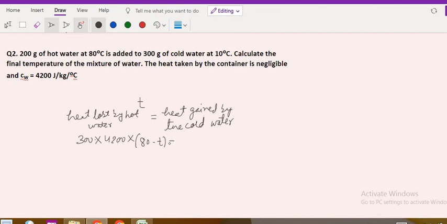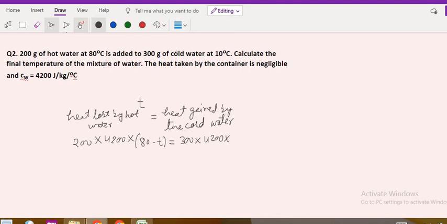With the same token, let us see the heat gained by the cold water. The mass of the cold water is 300 gram, multiplied by the specific heat, which would remain the same, 4200, multiplied by the change in temperature.